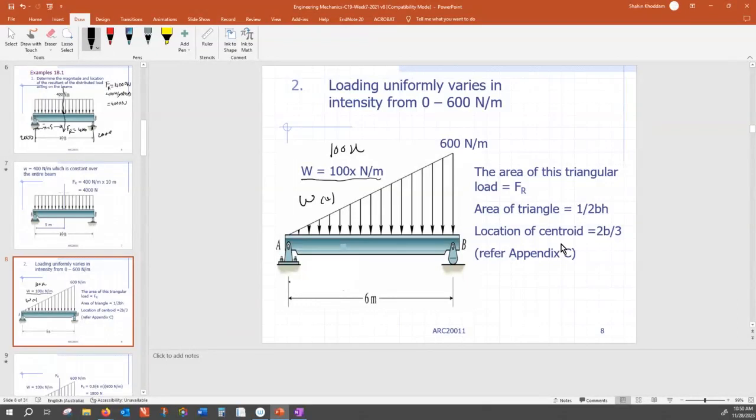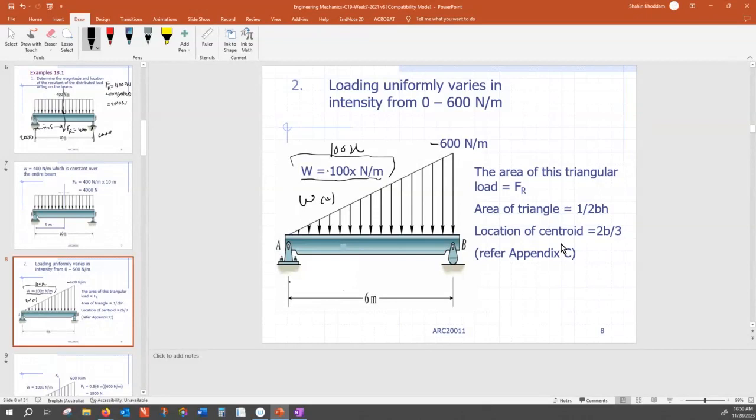If you try to derive the equation, this is it. To be precise, that is minus, not plus, because the forces are acting downward, not upward. So this is minus 100x, and actually this is minus 600 here.